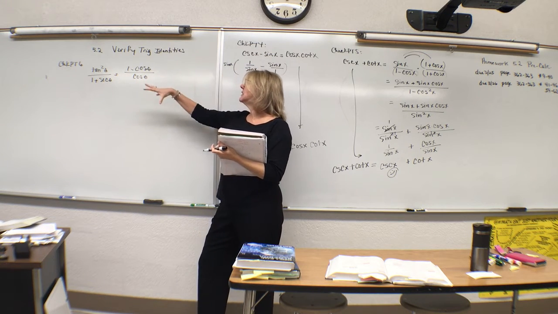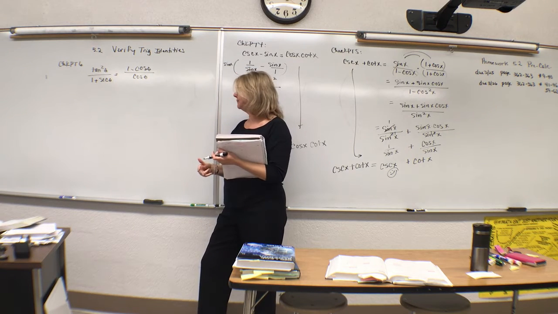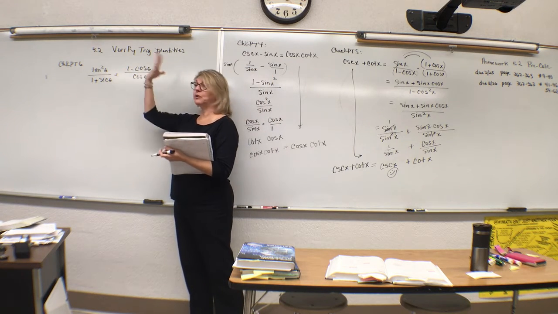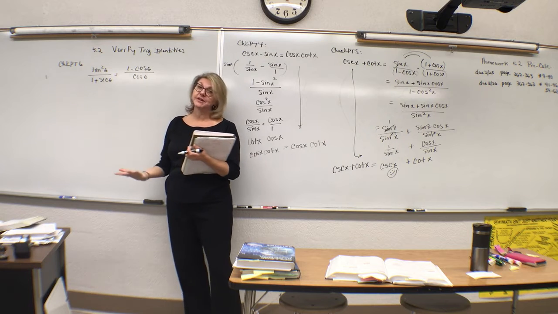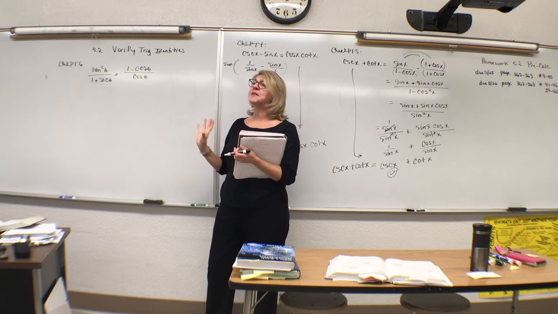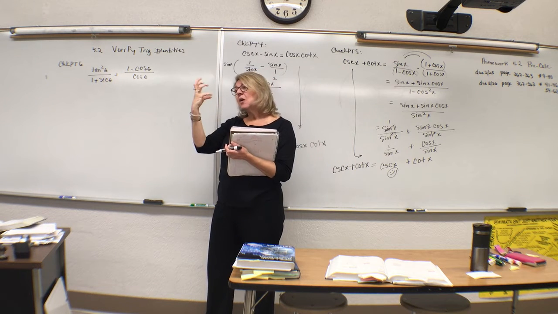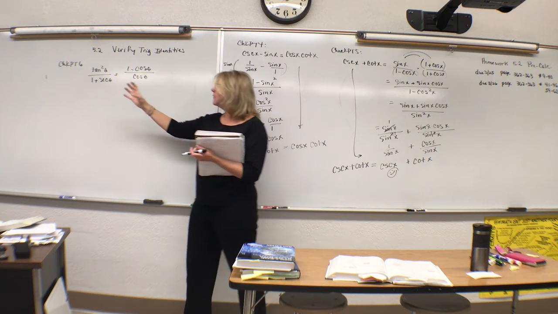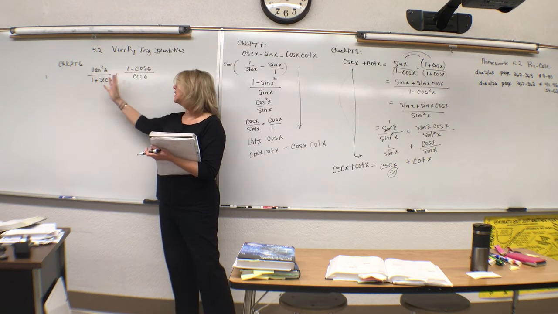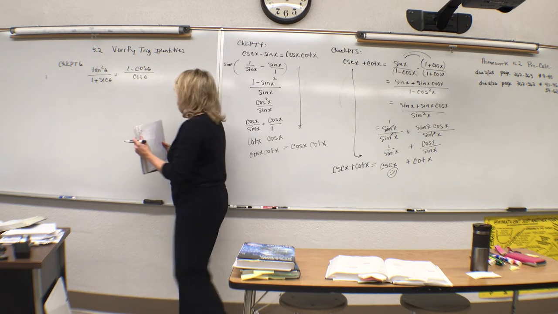So again, in this case, I have tangent, I have secant, I have cosine, I have a binomial numerator, I have a binomial denominator. I've got a lot going on here. So what I'm going to do is attempt to simplify each side in hopes that we can find some rewrite on the left that's going to be in agreement with a rewrite on the right. So let's start with the left.